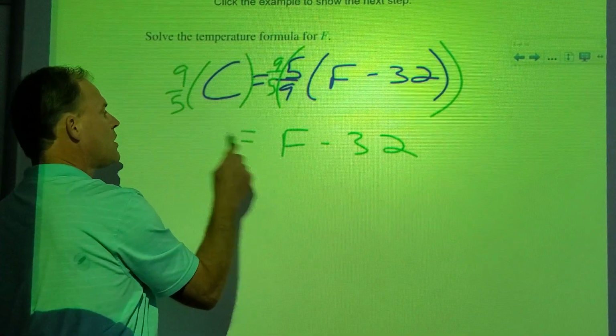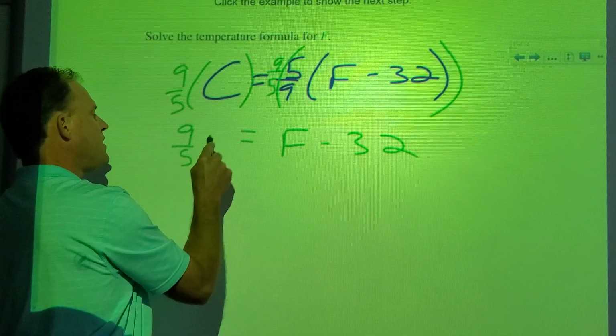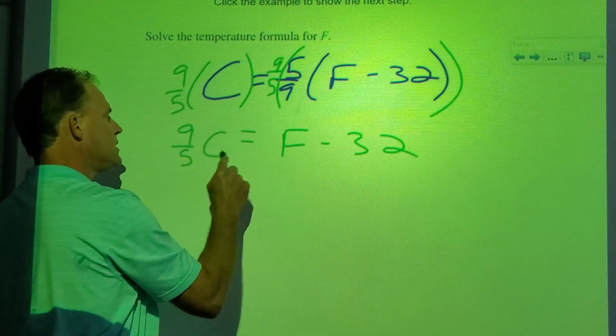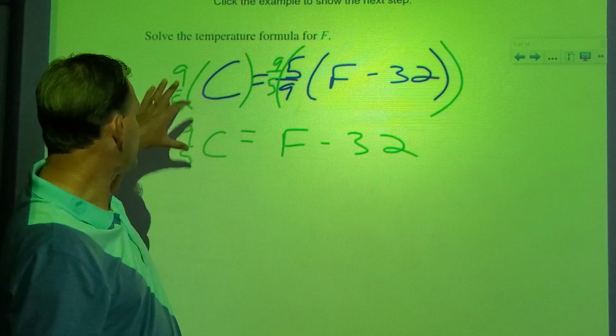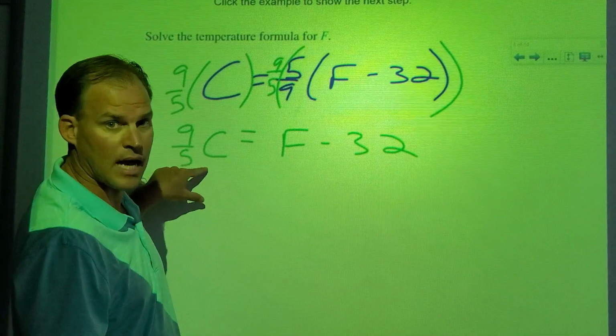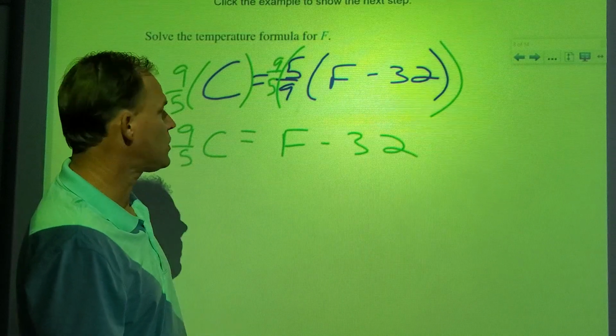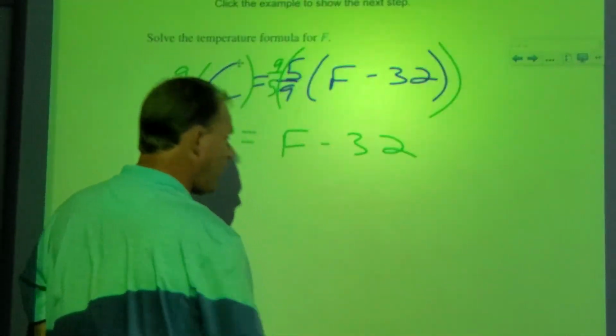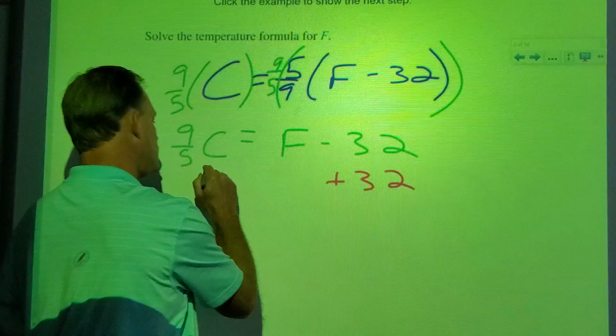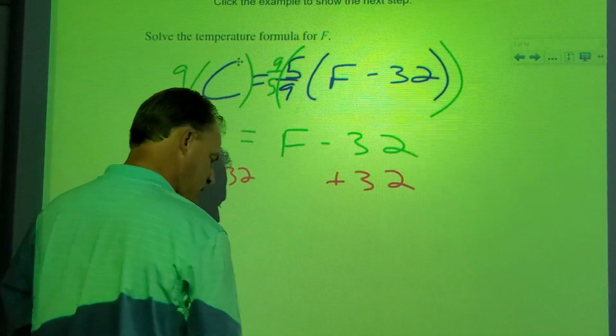Over here, I just write 9/5 C. See? Make sure your C's big. Don't write it in the denominator. You can put it in the numerator or you can put it off to the side. Don't put it in the bottom. Okay? So now to get F by itself, I simply add 32 to both sides of the equation.